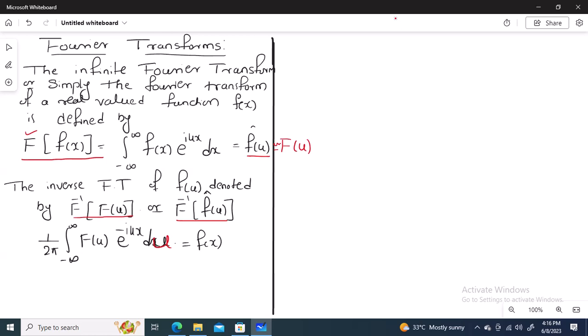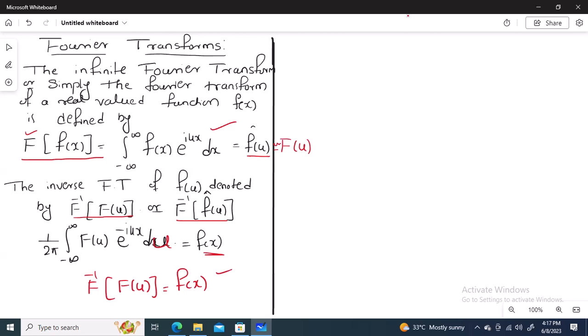After simplification of this integral, we will get the answer in terms of f of x. These two are very important things in the Fourier transform: the definition of the Fourier transform and the definition of the inverse Fourier transform.